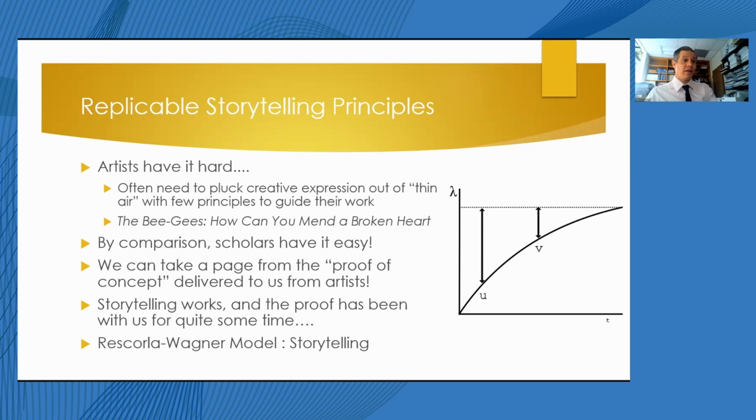And any of you who are familiar with principles of learning probably see some connection between storytelling principles and, for instance, the classic Rescorla-Wagner model of learning, where learning increases insofar as you see a discrepancy, a distance between what you expected to encounter and what you actually encountered, right?